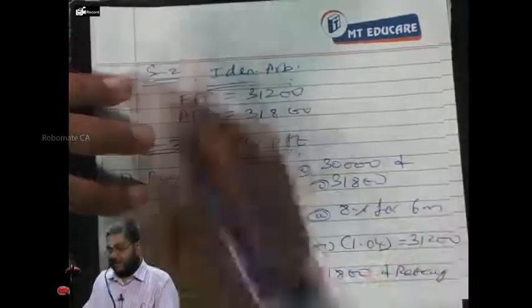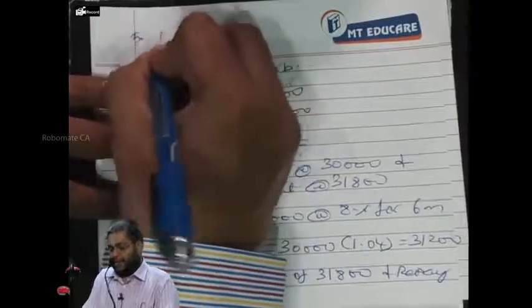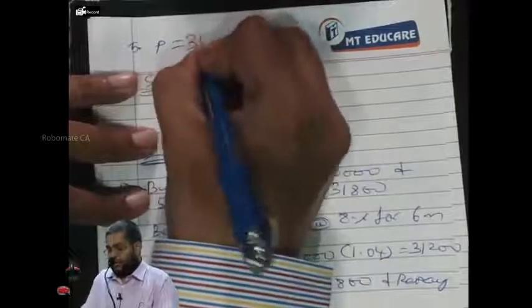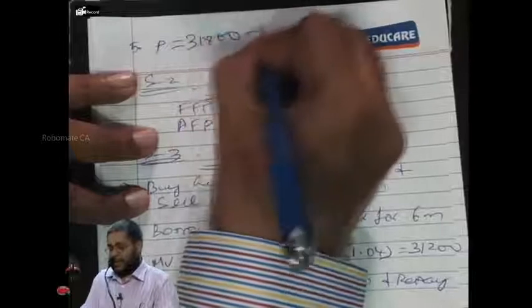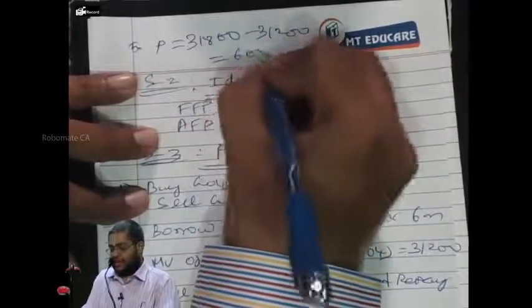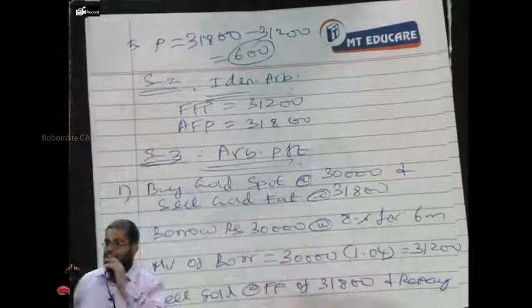Everybody, yes or no? Now, point number 5, profit is equal to 31,800 minus 31,200, which is equal to 600. Profit is equal to 600.